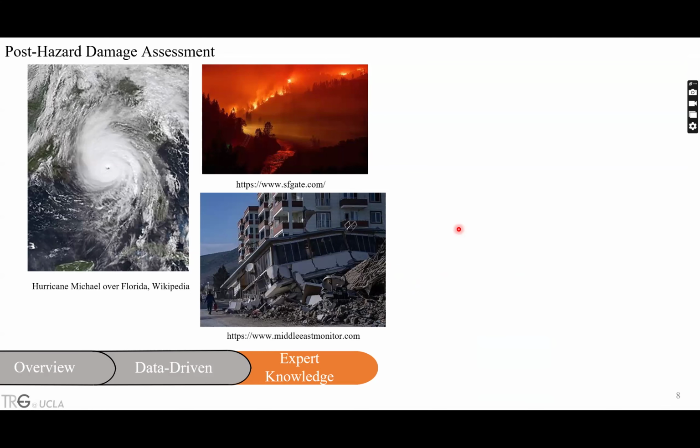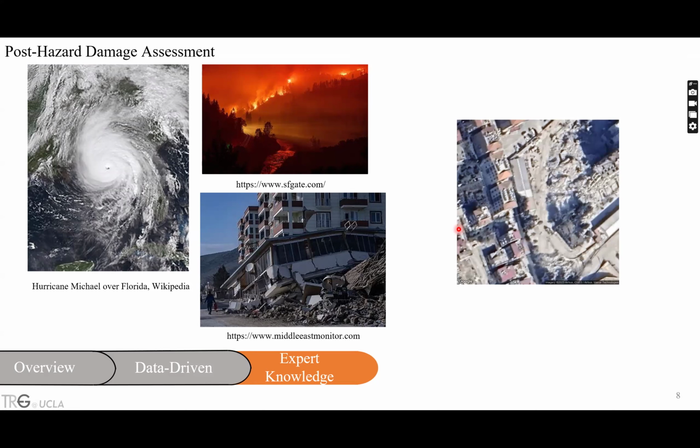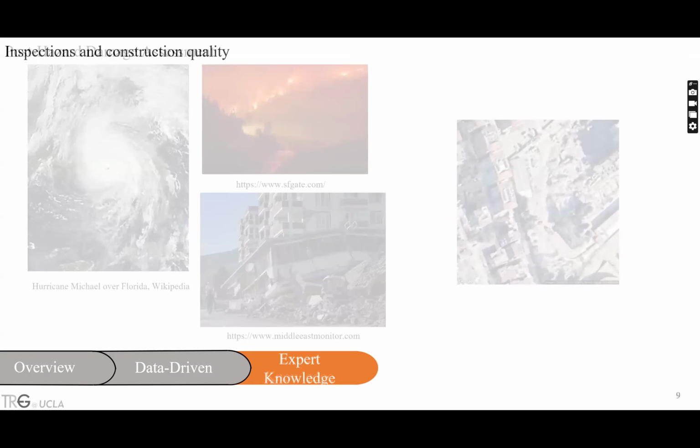But now we can do that simply from satellite images. If you look at the satellite images, you can see buildings of different damage levels or severity. This is something computer vision can solve. For example, this is a very damaged building, and this building is somehow damaged on the roof. The computer vision tools and deep learning models are capable of that, compared to using expert knowledge.